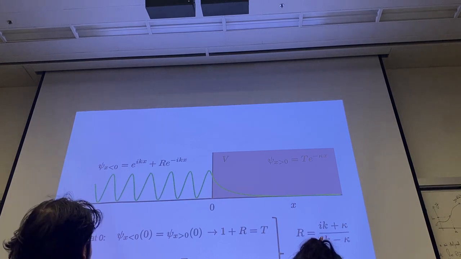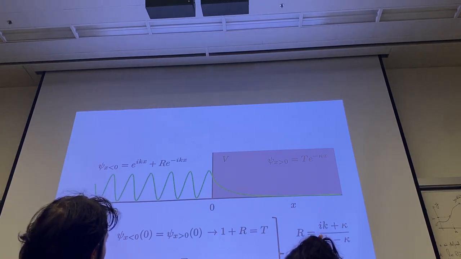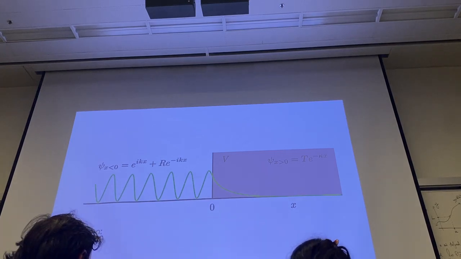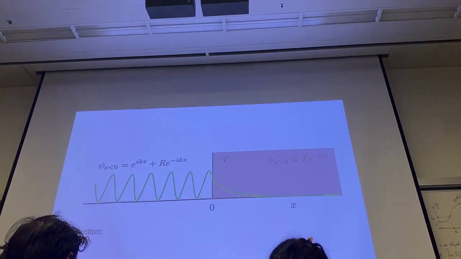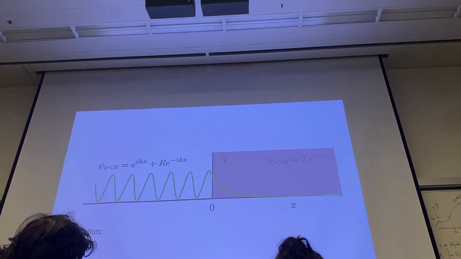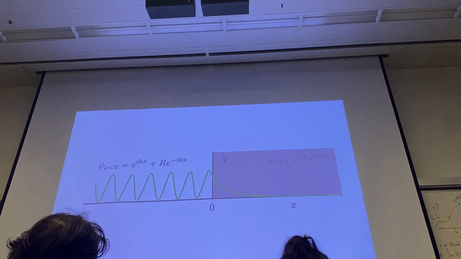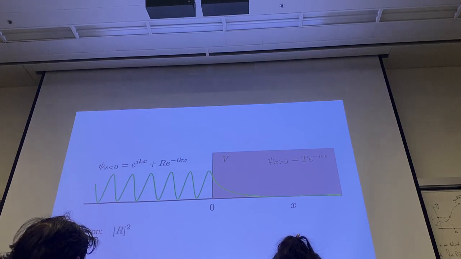What does it mean? Well, let's have a look. The reflection of this particle is dependent on the modulus squared of the coefficient. Okay? So the reflection is proportional to r squared.